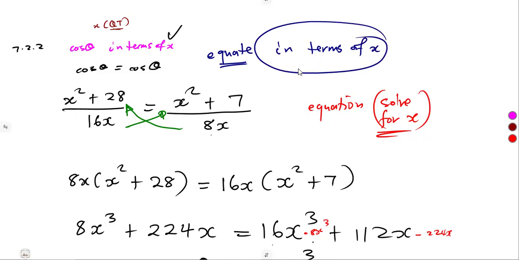Two terms which represent the same thing. So we had to work with the cos of theta and cos of theta. If there was something that has to do with sine of theta, let it be equated also to the sine of theta, as long as it is in terms of x. You formulate equations in terms of what you're given.